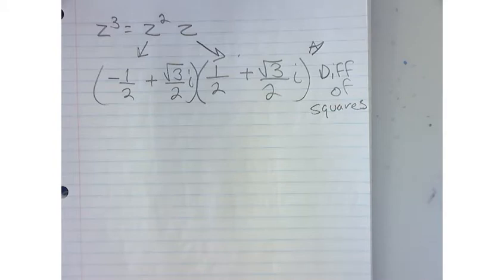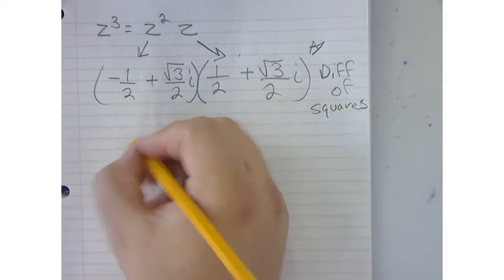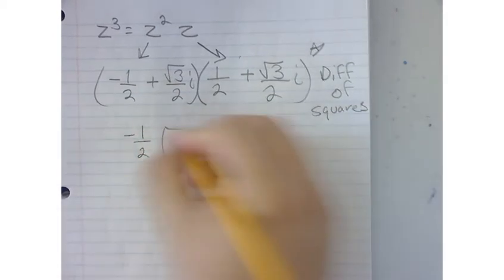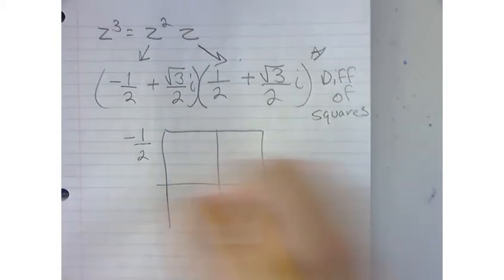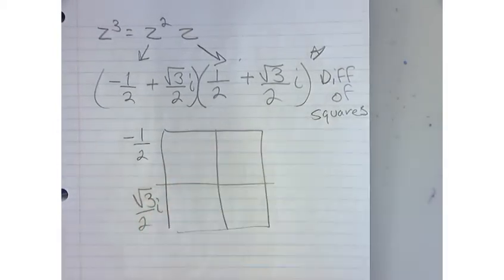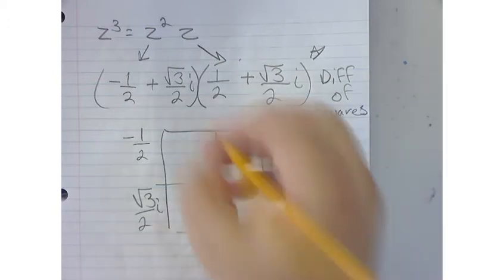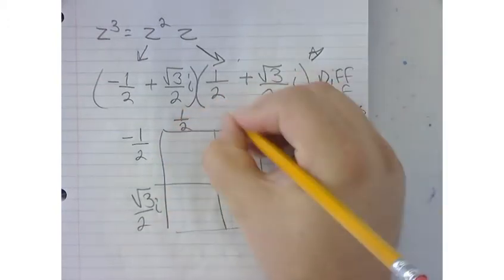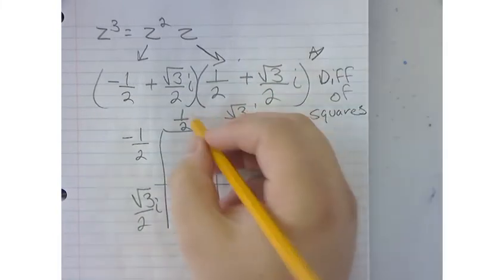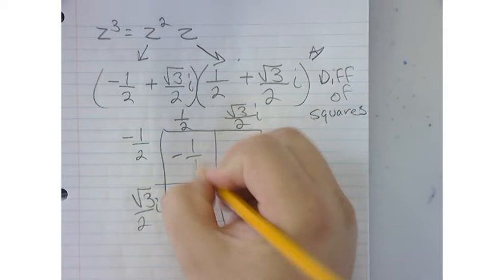Okay. So if I have negative 1/2 and the square root of 3 over 2i, we're going to multiply it out using our little grid, times 1/2 and root 3 over 2i. 1/2 times 1/2 is a negative 1/4. Well, bam.